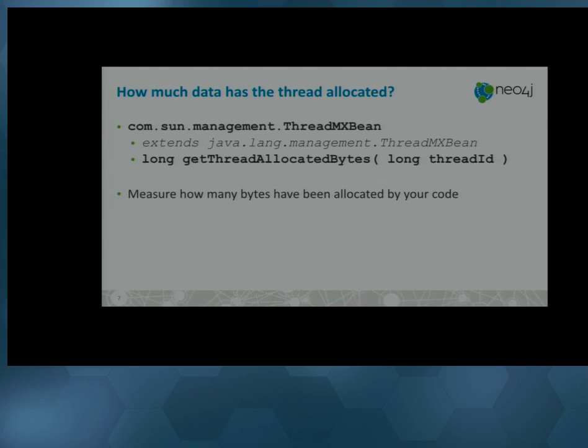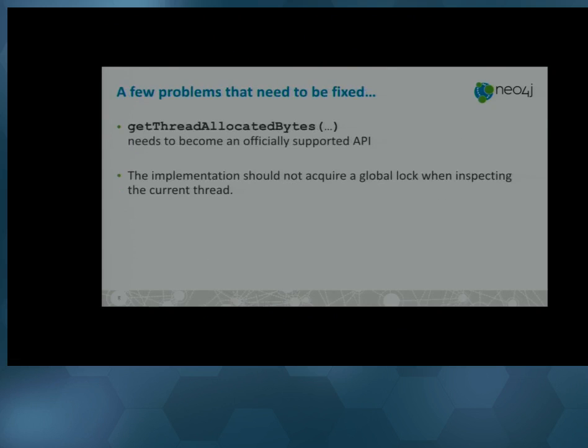Sure, it doesn't tell you how many objects were allocated, but the number of bytes is a really interesting measure because that will tell you essentially how much pressure the allocator and garbage collector will be under. Unfortunately, this method has a problem. First of all, obviously it's not a public API, so it's not officially supported. I'd love it if it could be.